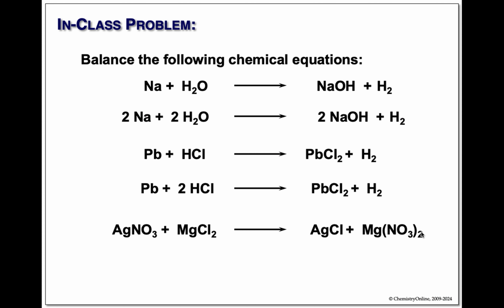So we have one nitrate here, we have two over there. Let's double that. That gave us two silvers. So that's good. One magnesium on both sides, two chlorines, two chlorines. Yep, that one worked.